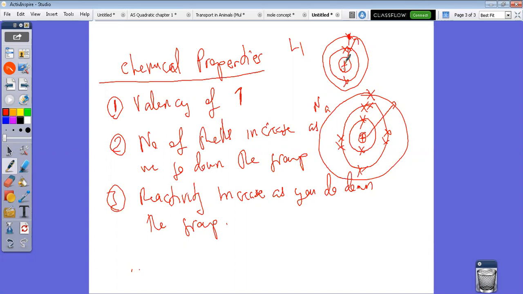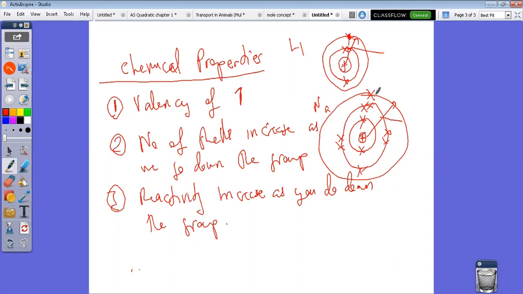Remember, the nucleus is positively charged and the electrons are negatively charged, so there is a force of attraction between the nucleus and the valence electron. As we move down the group, the distance between the nucleus and the valence electron becomes greater, so the force of attraction between the nucleus and the last shell is now weak, clear.